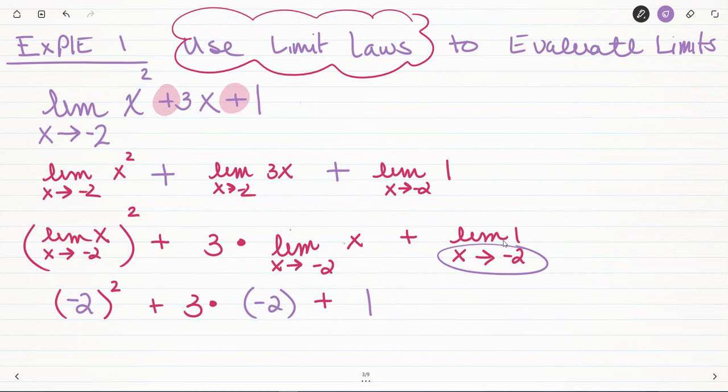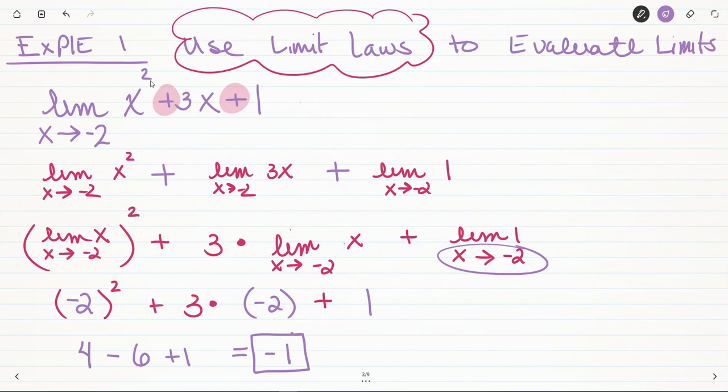So when we simplify this, we have negative 2 squared is positive 4, plus 3 times negative 2 is plus negative 6, plus 1. We have 5 minus 6, or negative 1, which is what we'd expect it to be if we had just substituted in the negative 2.